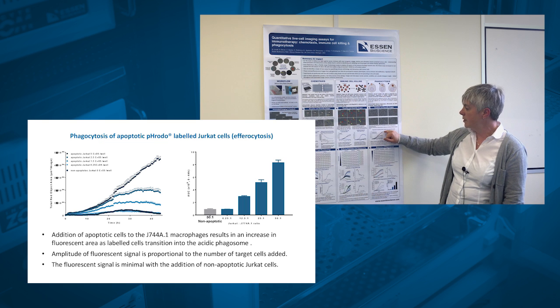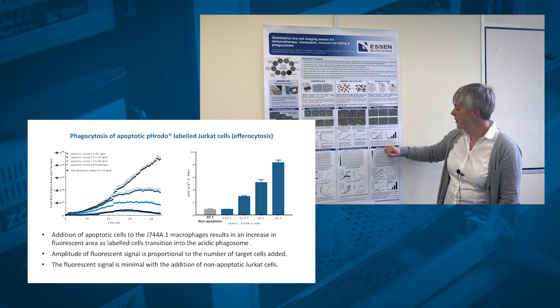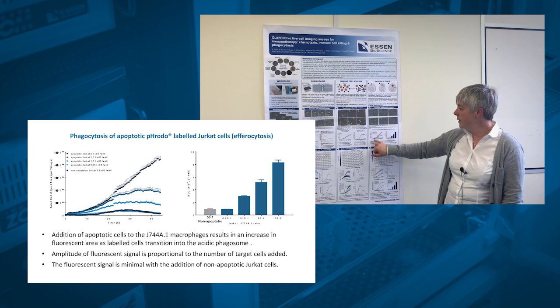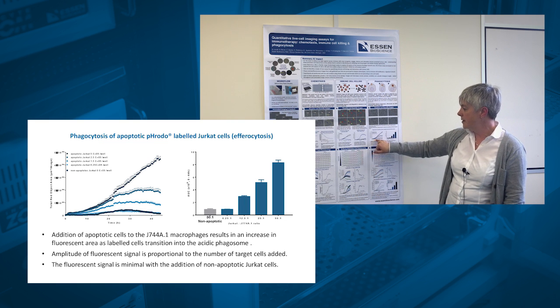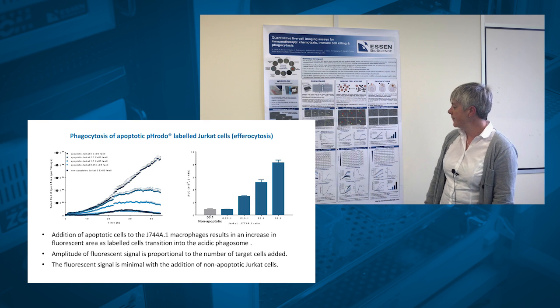So the more apoptotic Jurkat cells we're putting in there, the more fluorescence we're seeing reading out over time. And as a control, we've also got non-apoptotic Jurkat cells that have also been labelled with the Frodo, and you can see there's a very, very small amount of fluorescence here showing that these haven't been phagocytosed.